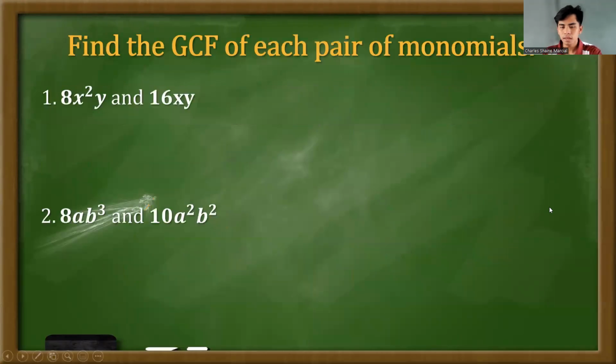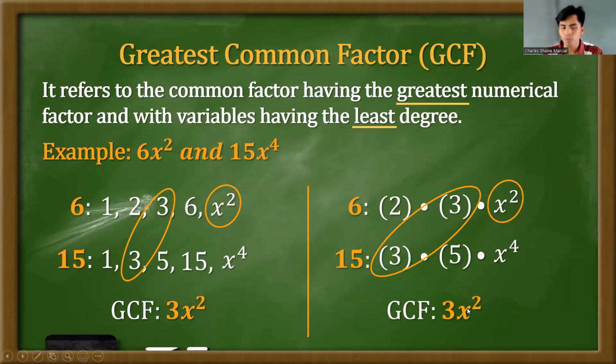Now, yung GCF nila is 3x squared. Okay? So, magkaparehas lang sila ng nakuhang GCF. So, kayo na lang ang pumili kung alin ang gagamitin nyo on how to get the greatest common factor, kung listing method ba or prime factorization. So, again, ito yung prime factorization, ito yung listing.